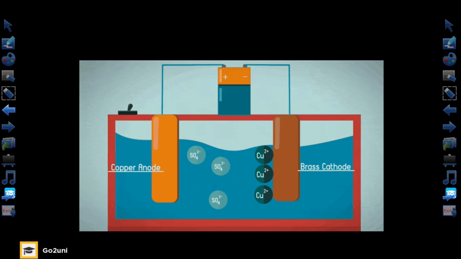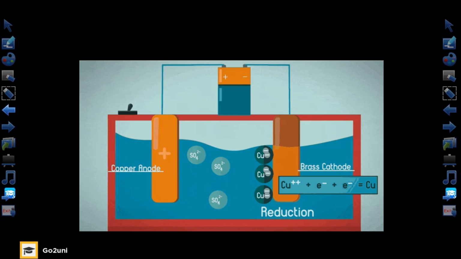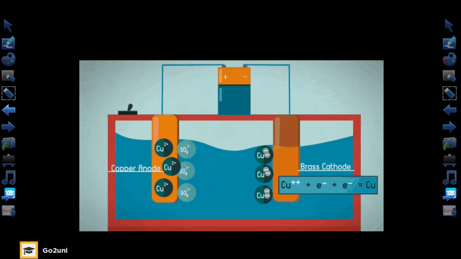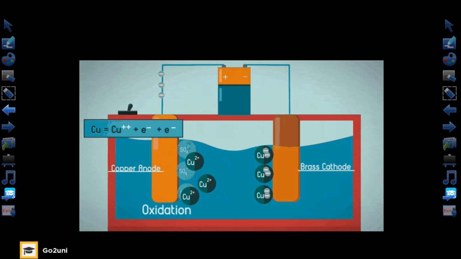You can see the copper going to the brass and being deposited on it as electrons come in. That is reduction, but at the anode side we can see oxidation taking place, while reduction takes place at the cathode side. This is what we have explained before, just for us to understand better.